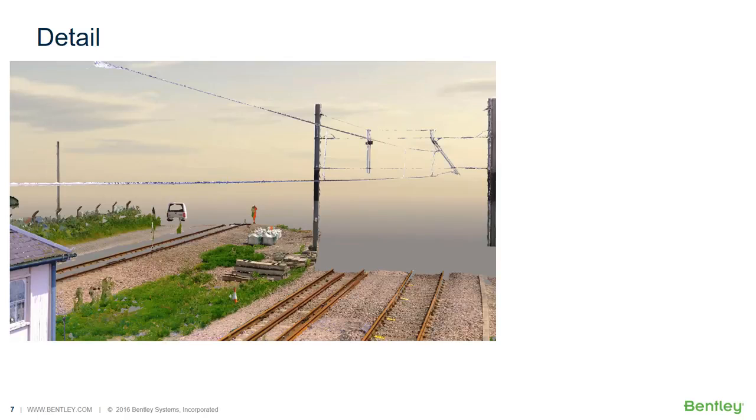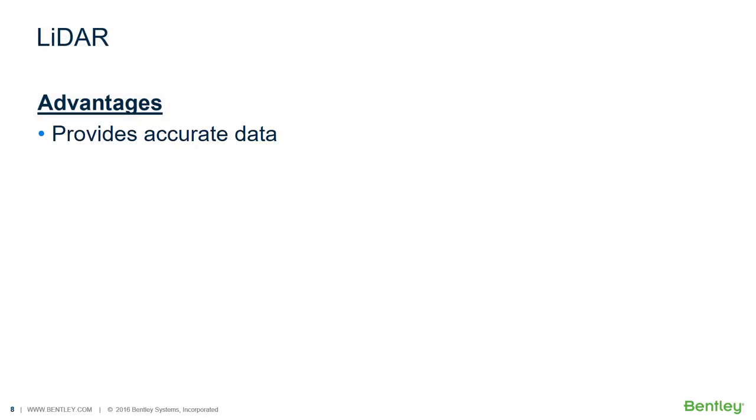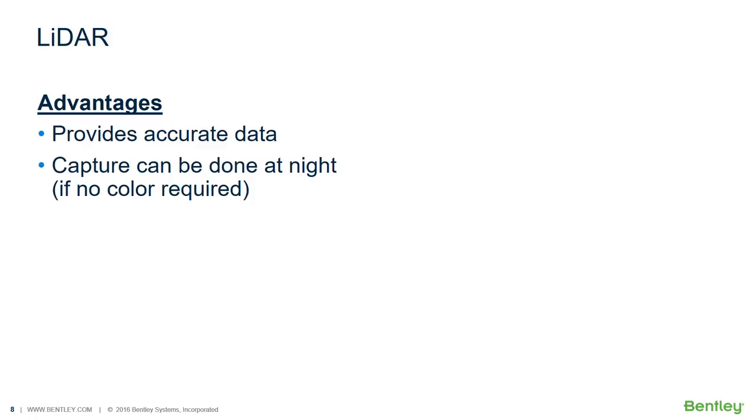So let's talk about the advantages to using LiDAR. One, it provides accurate data, which is fantastic. You're getting very high resolution accuracy, which is required for when you're doing engineering type plans. The capturing can be done at night, if no color is required.